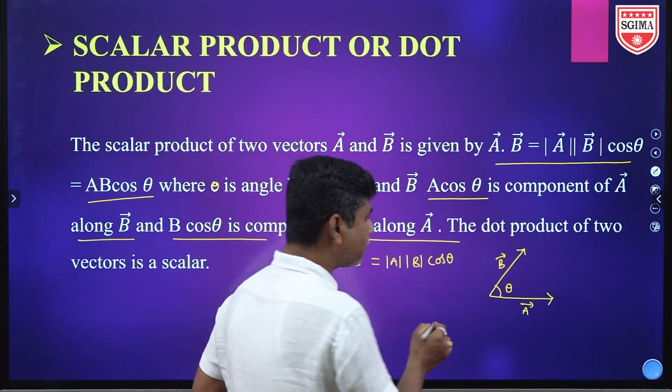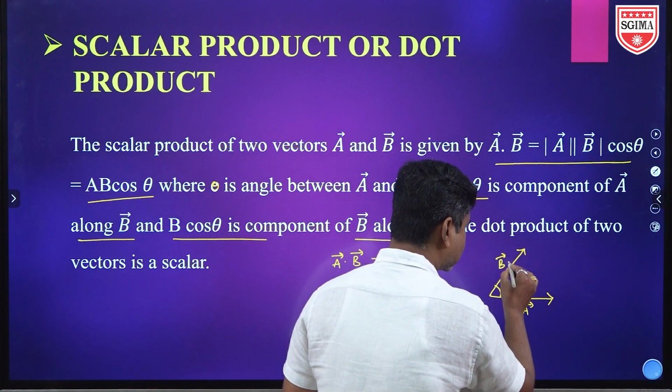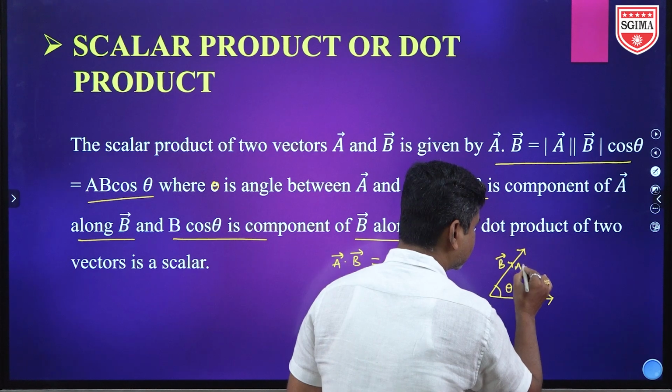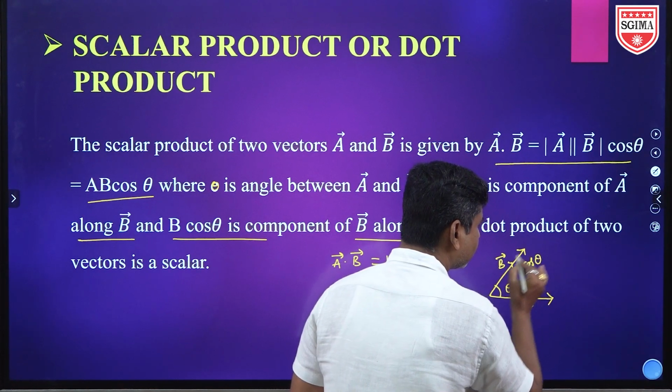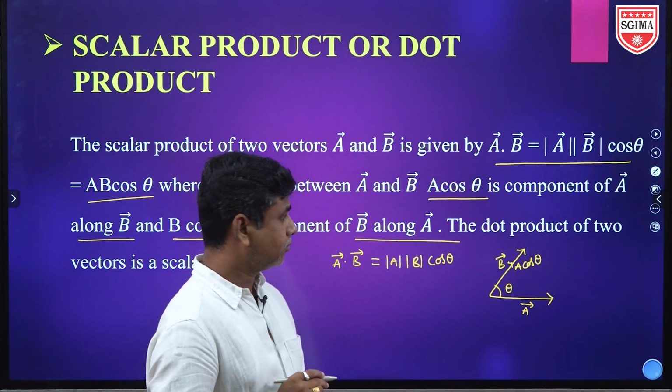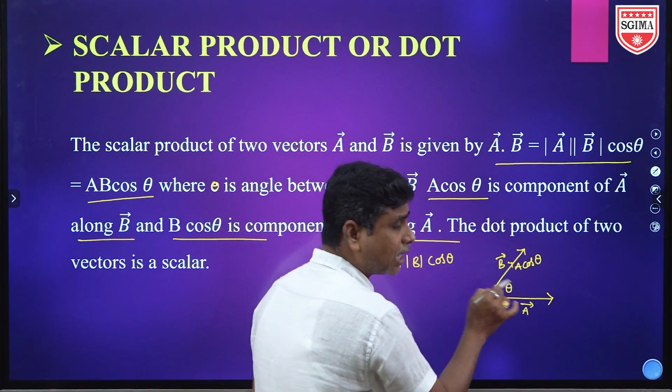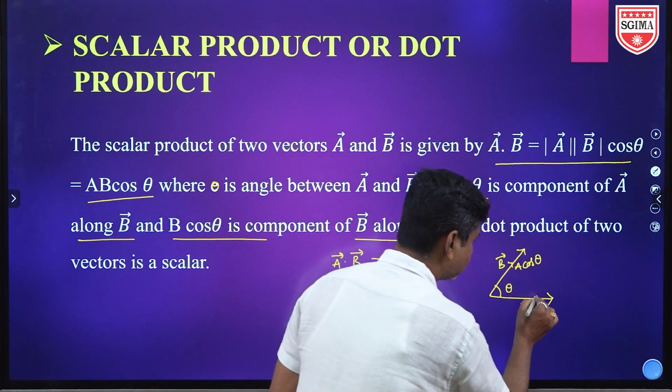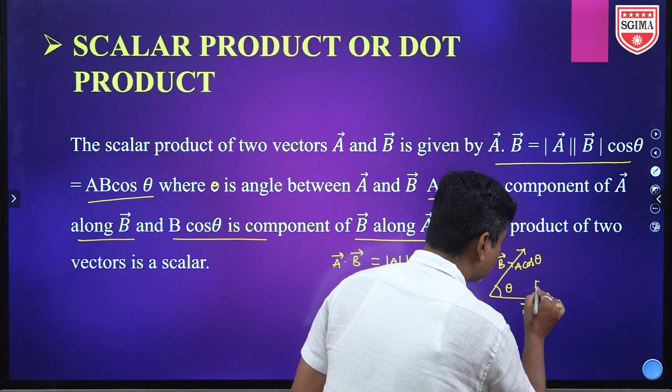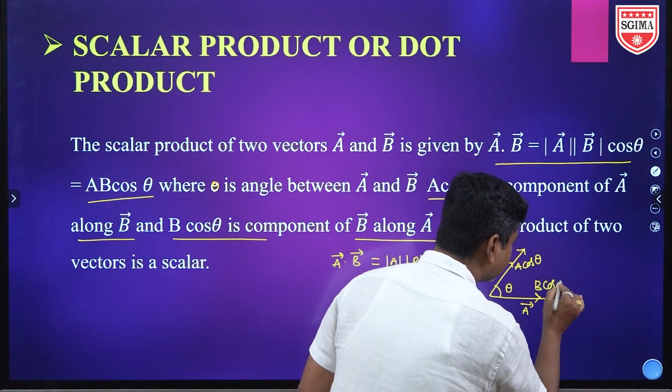The component of a bar along b bar is a cos theta, and the component of b bar along a bar is b cos theta.